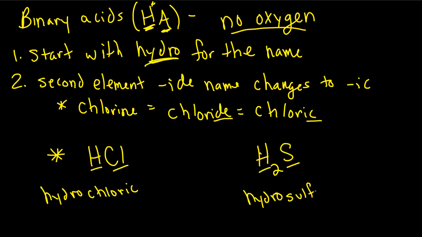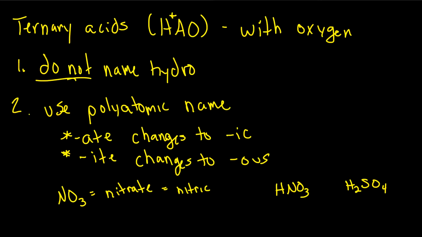So it pretty much keeps its whole name and gains IC on its whole name. Sulfur and phosphorus are some of the few exceptions to that ending change. So whereas chlorine changed to chloride, changed to chloric, sulfur just changed to sulfuric. It straight gains IC to its whole name.